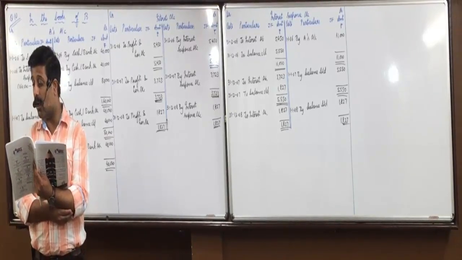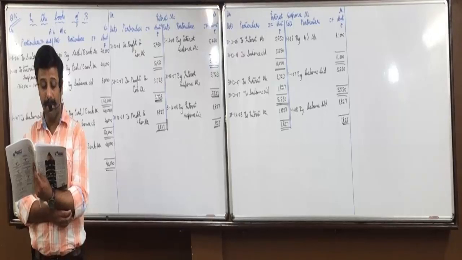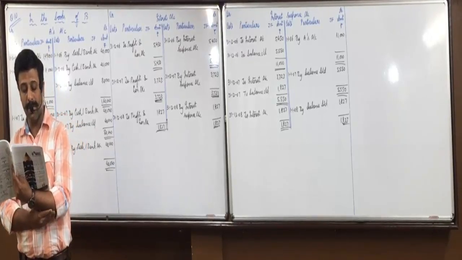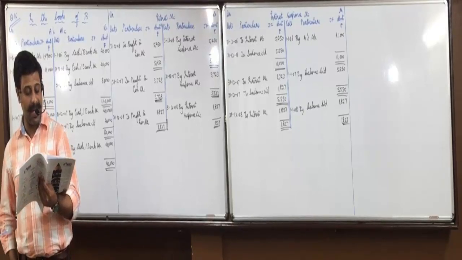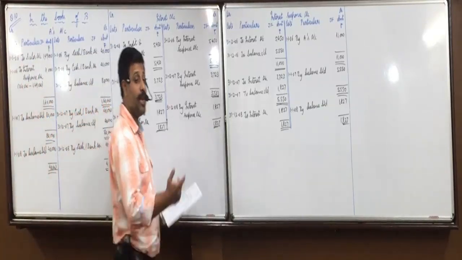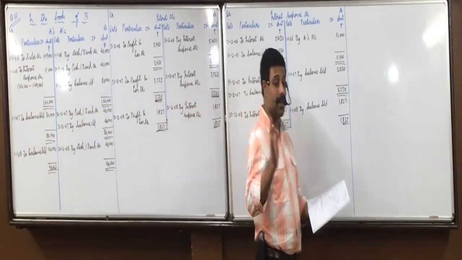Page 36 at the top, point B. And third point, outline: the person has a right to terminate the agreement anytime. Because ownership is not transferred, anytime you can terminate the agreement and return the goods.